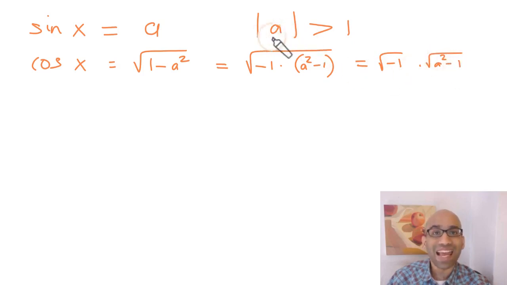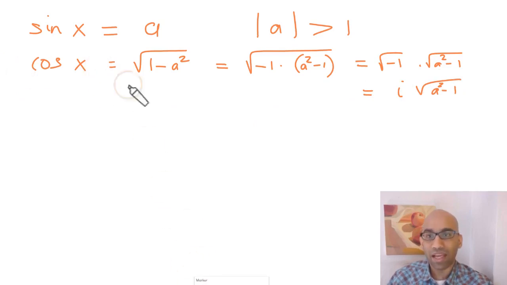Note that because the absolute value of a is greater than 1 here, this value is always positive, and so we have a square root of negative 1 here. And so you can write this as i times square root of a squared minus 1. Note that as in the previous example, we're going to have a plus minus over here, because you can have both the positive and negative quantities here.